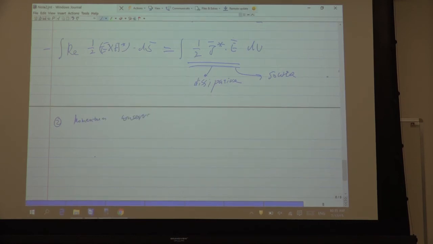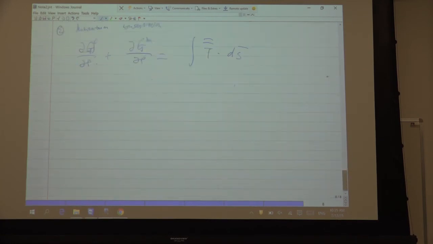The momentum conservation law says dG over dt equals the surface integral of T dot dS. It's very simple. This is the field momentum. The field momentum G_f is just one over c squared times the integral of E cross H dV. This is called field momentum.